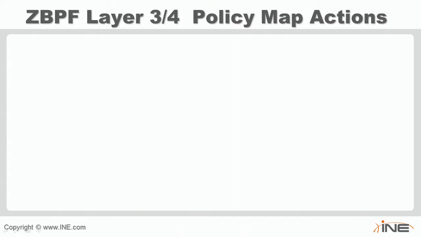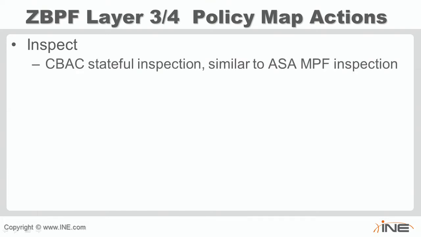Now, inside these two different types of policy maps, the first of which, again, is the layer 3, layer 4 policy, we're going to have different types of actions that we can perform as compared to the layer 7 application policies. Where first and foremost, we have the inspect action, where this is similar to the content-based access control's stateful inspection, which is also similar to the ASA's modular policy framework inspection.